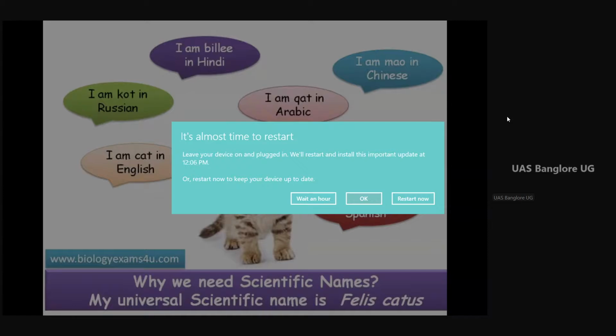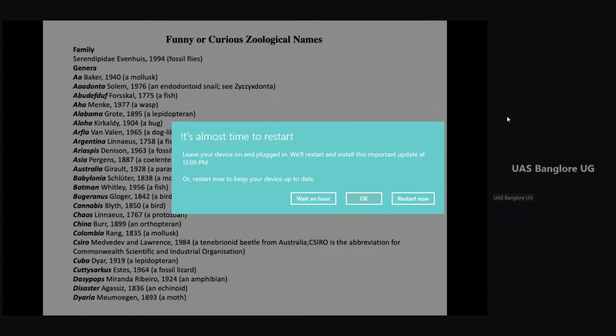He might think you are speaking nonsense. So that is where scientific names are very, very important. Clear? Yes, sir.